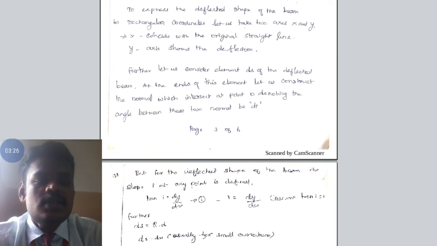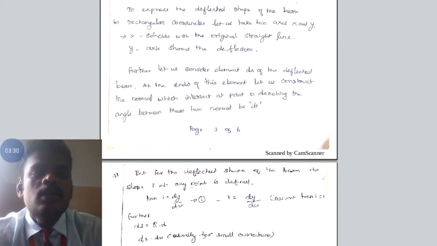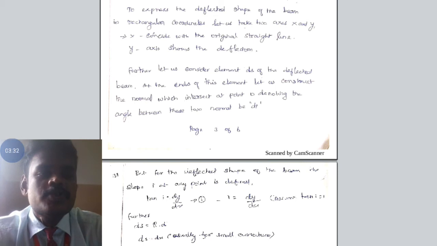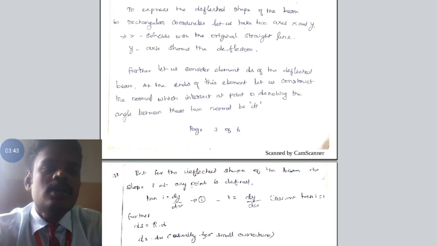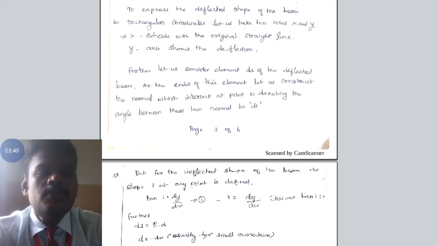Further, let us consider a small elemental strip ds. Initially, the beam is in AB position. After the application of load, it tends to the final position A dash B dash. In the final position, we are considering a small elemental strip. It's an imaginary strip whose dimension is ds in the deflected beam.